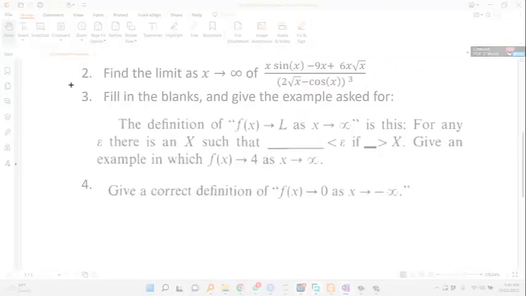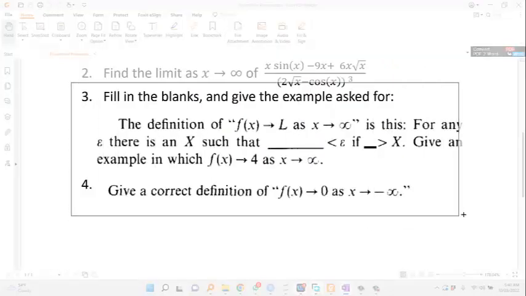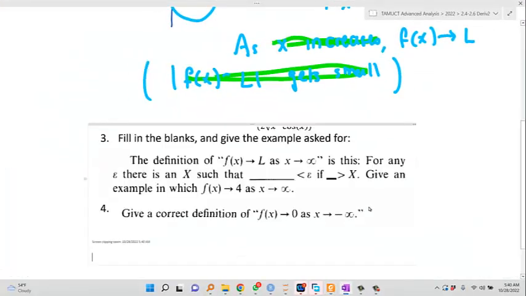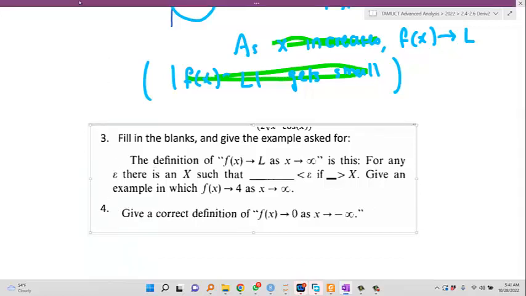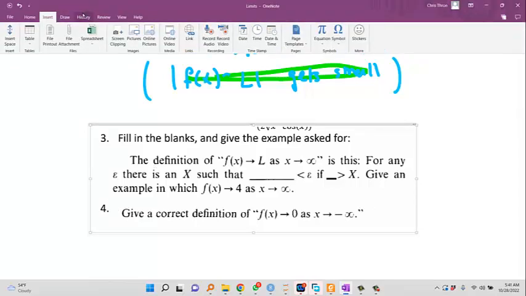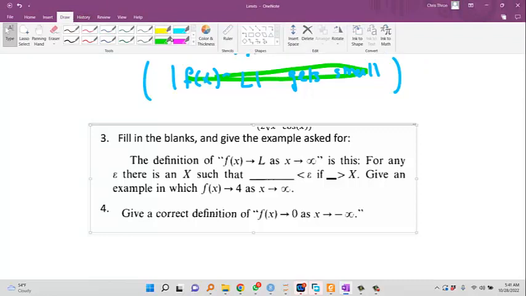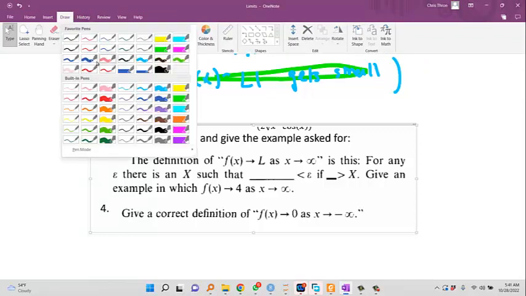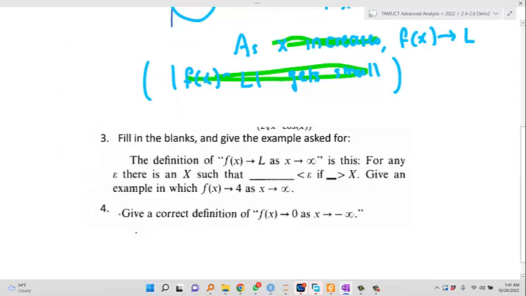I'll copy both of them because I'm going to use 3 to do 4. So this is what I want to do. All right, give a correct definition of f of x goes to 0 as x goes to minus infinity.